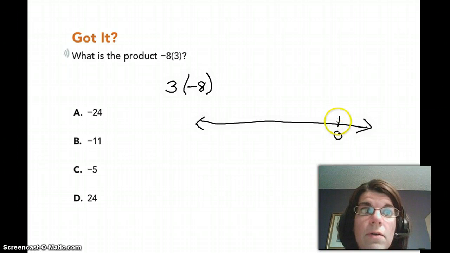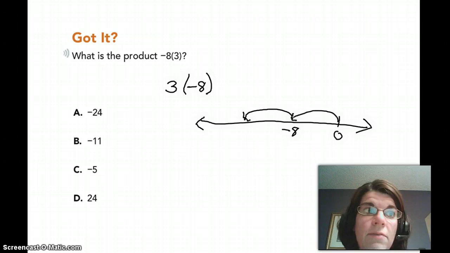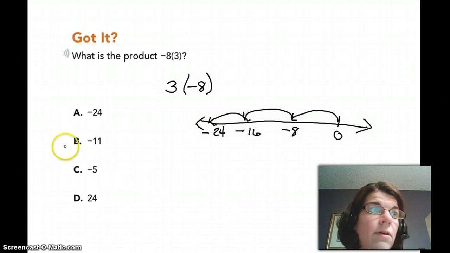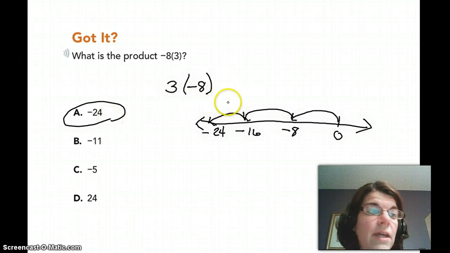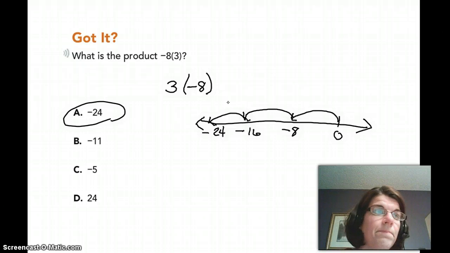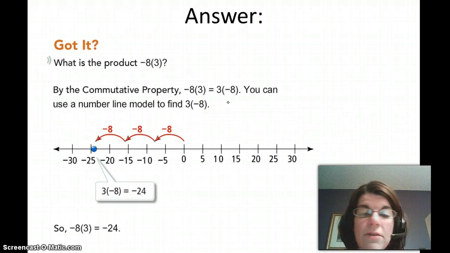Here's 0. So negative 8 and another negative 8 would give us negative 16, and another negative 8 would give us negative 24. So we get a negative. A positive times a negative gives you a negative answer. And there's the drawing.